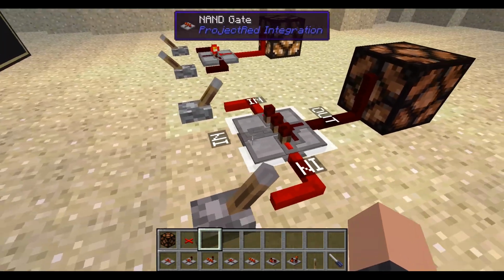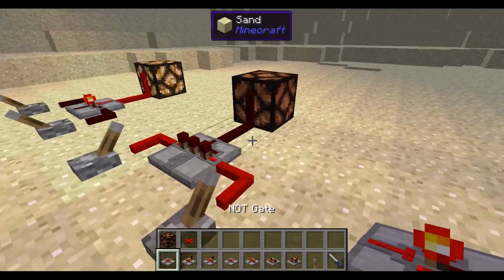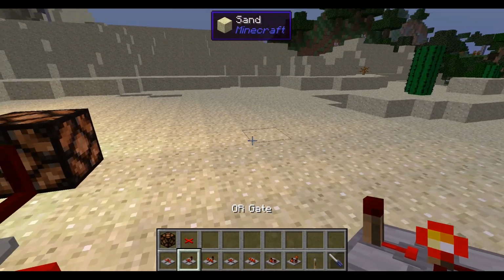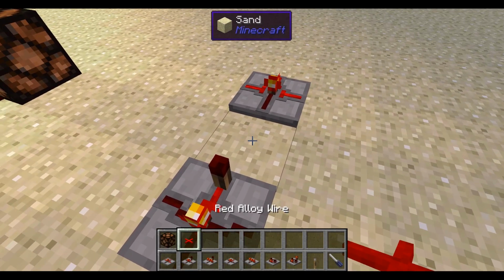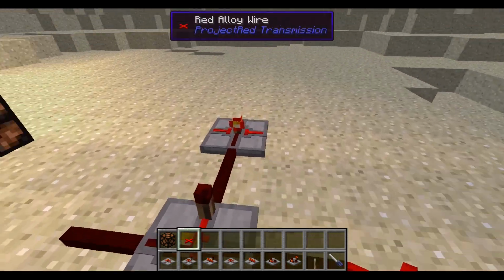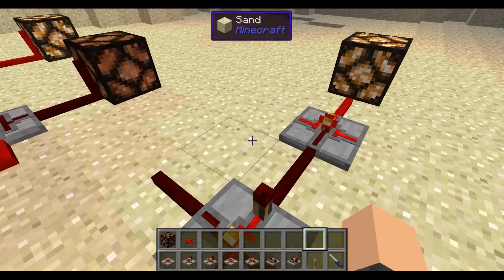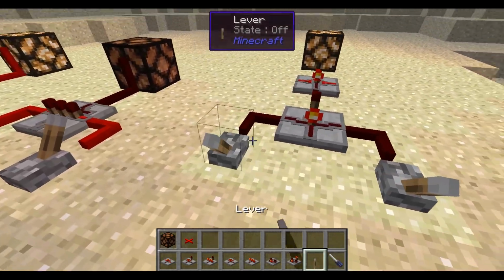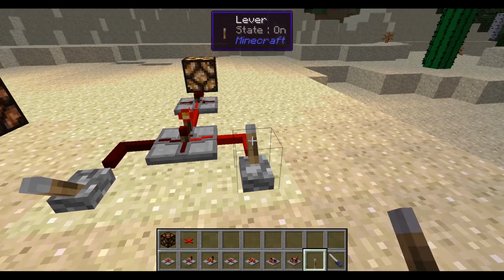So it's just like if you were to put an inverter, a NOT gate, on the end of an AND gate, like this. It's the same concept. This is basically what a NOR gate is doing.